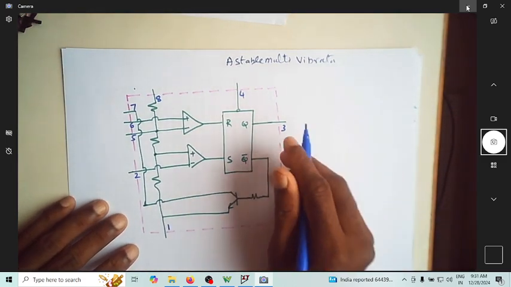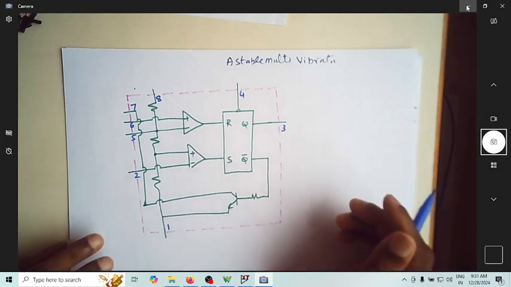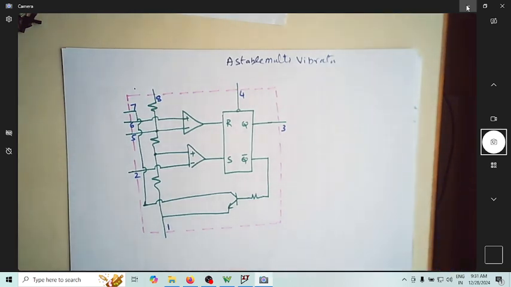As we saw in the previous video, we have an 8 pin DIP, which is nothing but 8 pins configured on either side.